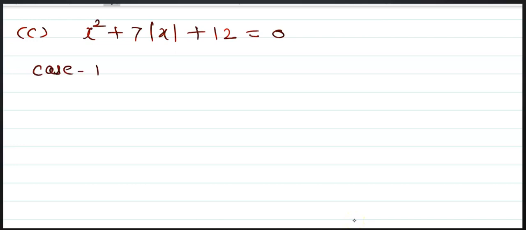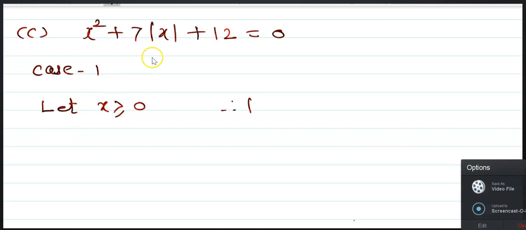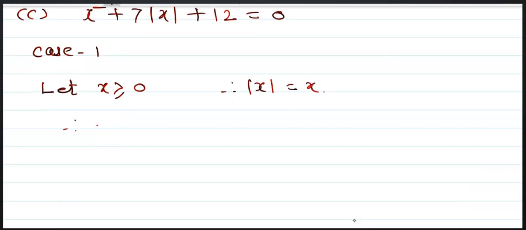Now next is x square plus 7 mod of x plus 12 equals 0. Now case 1 is when x is greater than or equal to 0. Therefore in this case mod of x is equal to x.